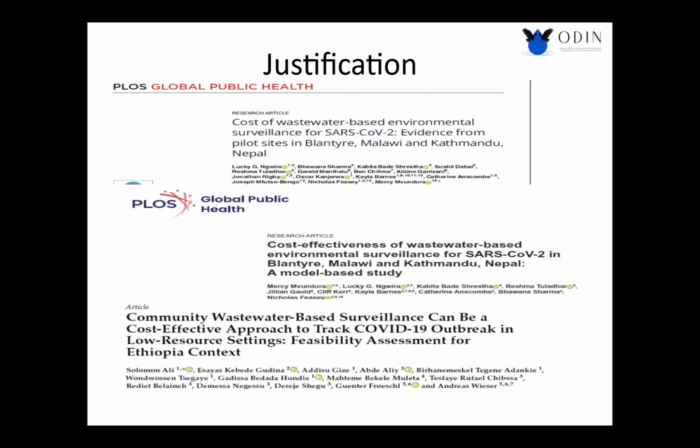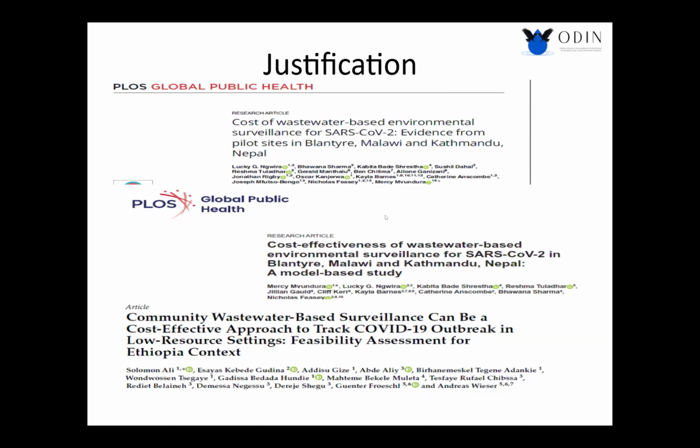Low and middle income countries are also interested in how they can implement this type of surveillance system. But implementation means resource consumption and the need for money. However, there are few costing studies in LMICs, especially in Africa, related to these implementations.